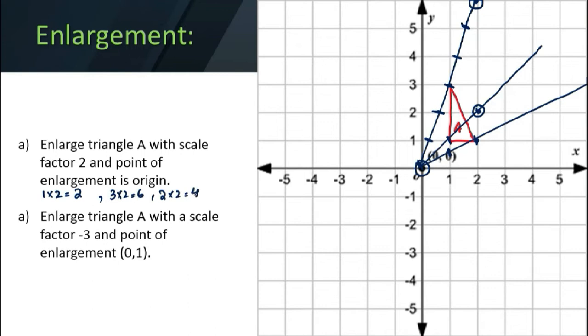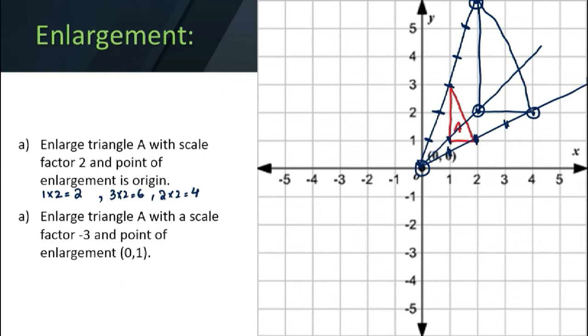So now we will mark 4 boxes and count the distance from point of enlargement. Start from point of enlargement, 1, 2, 3 and 4. So this is the image. Now when we join these 3 image points, here we have an enlarged figure. So we have enlarged this given object with a scale factor positive 2 and the point of enlargement was origin.